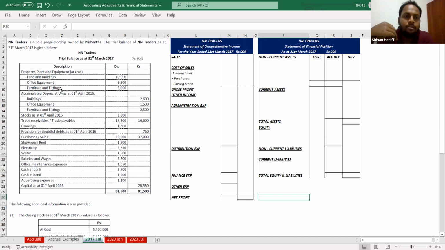So when you get a question like this, normally you will get a trial balance and additional information. So when you get a question like this, number one, first thing is you need to draw the format.